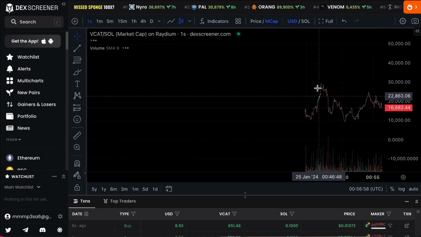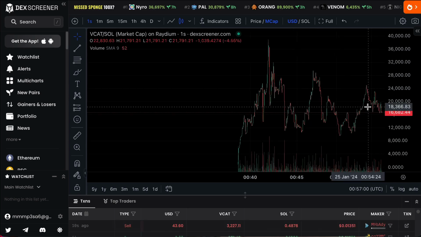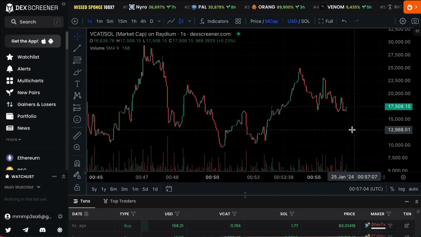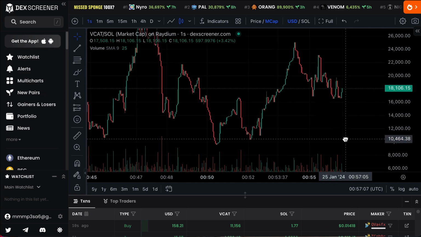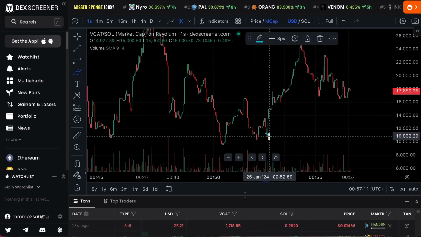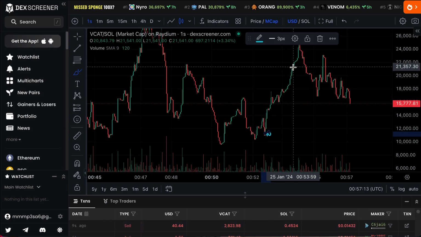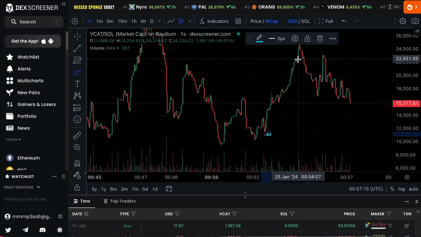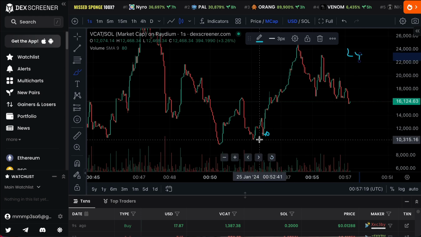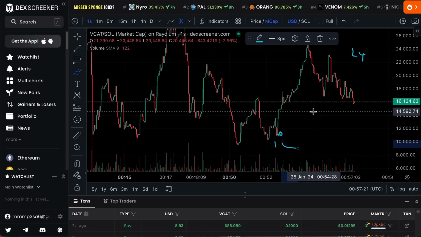And here, this is the point I want to illustrate. This is a 1 second chart. Notice in a second, when you're placing your transaction, maybe to sell here, a few seconds later, maybe 10, 15 seconds later, the price is 24K, from 12K to 24K.